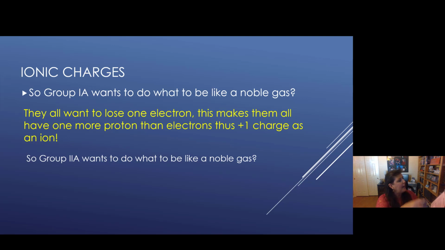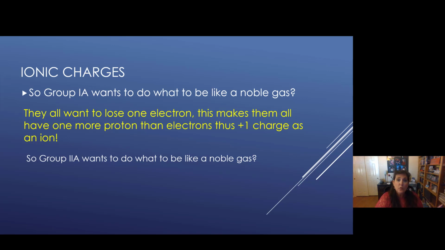So group 2A, the second column, the beryllium, calcium, magnesium column. What do they want to do to be like a noble gas? How can they be happy and stable? Well, they have 2 electrons in their outer level, right? s2, it's the s2 column. So if they get rid of those 2 electrons, they'll move back 2 spaces and be like a noble gas.